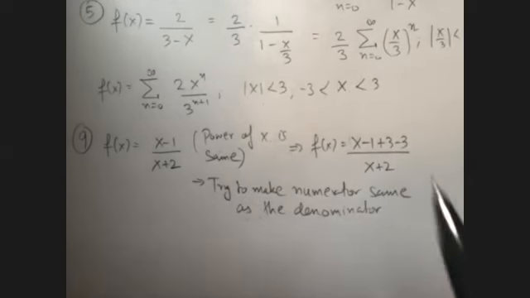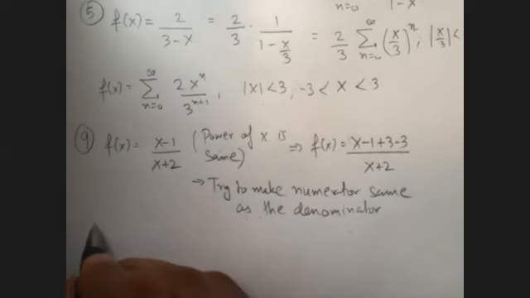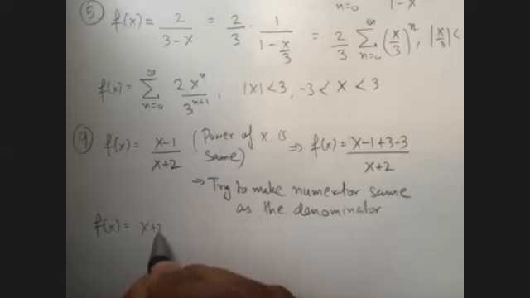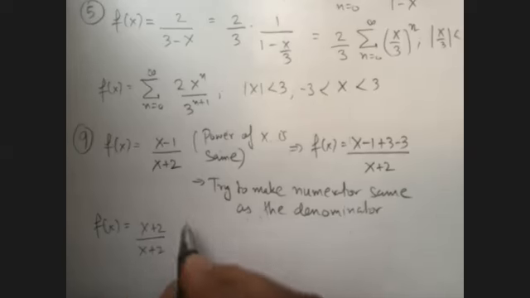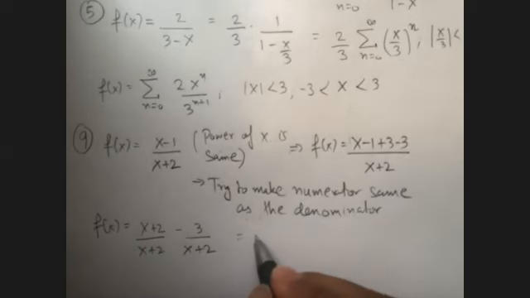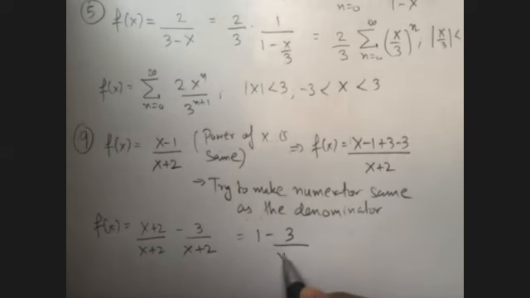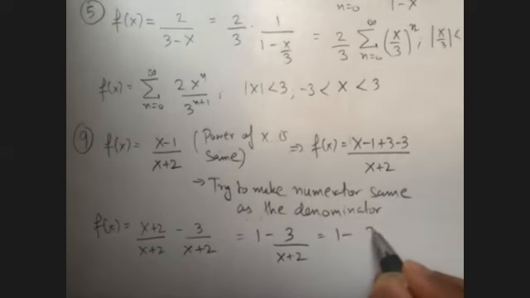That's why we add and subtract 3. Means f of x becomes 3 minus 1 is 2, and now we just split it. So which is 1 minus 3 over x plus 2. It is 1 minus 3 over 2 minus x.